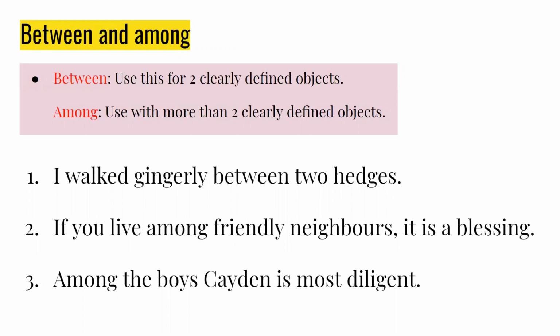Now we also have a clue in the sentence, which are the words most diligent. This is the superlative degree of comparison, which also indicates that more than two objects are being compared or referred to. So remember, in instances where we don't have clearly defined objects, we also use the word among.